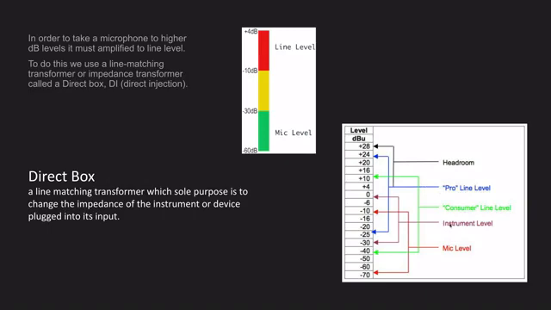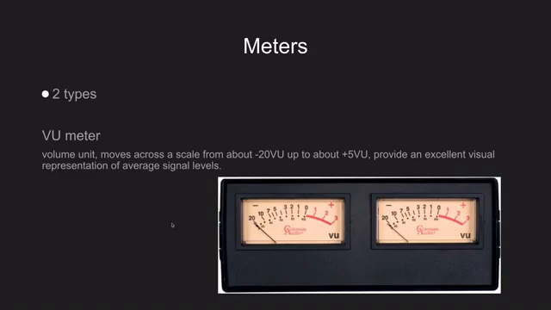Your mixer is expecting a mic level. You got to get it to line level. So what you have to do is plug your acoustic guitar or whatever instrument into the DI box, which changes the impedance to line level. And then you can use it at that point.